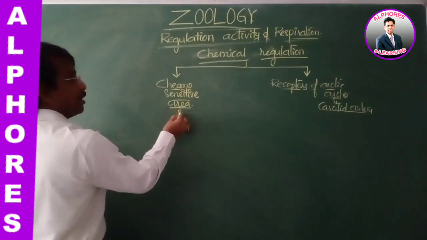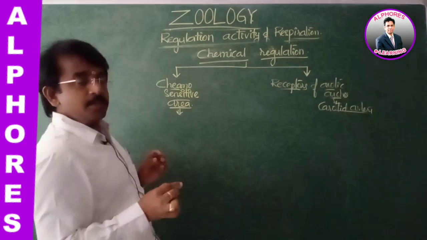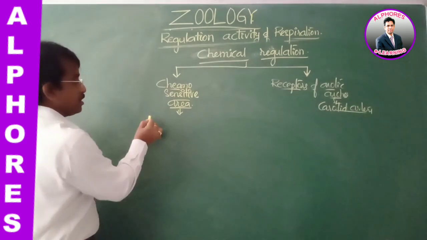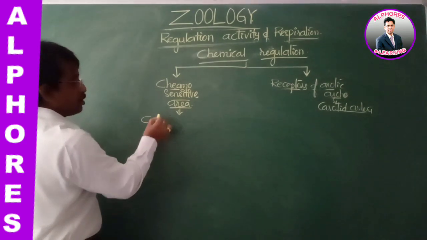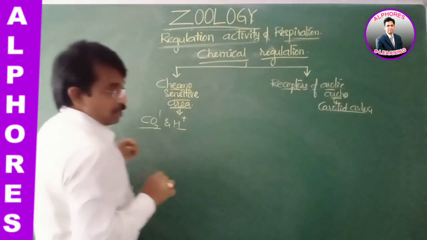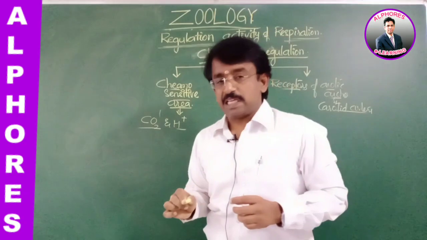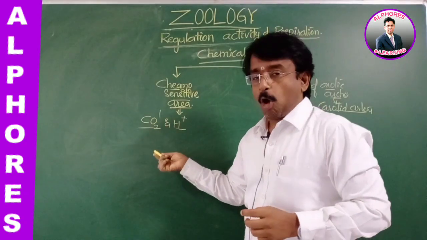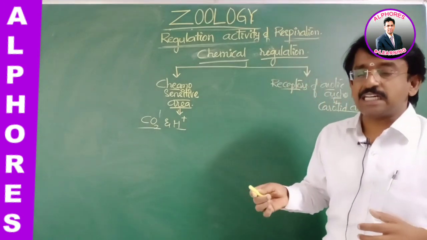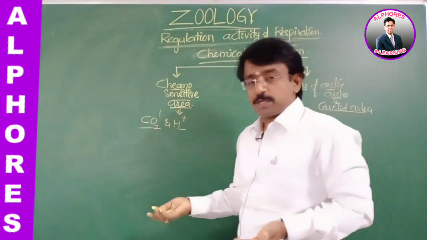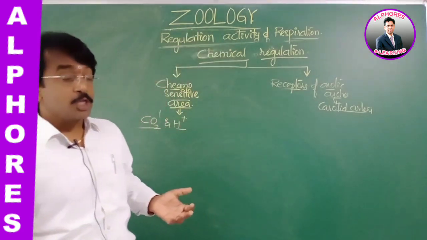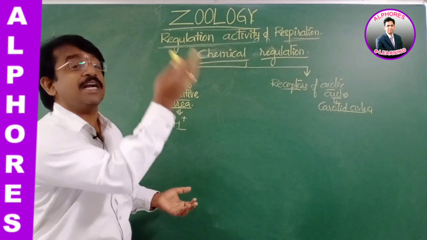The chemosensitive area is near the medulla oblongata and detects the chemicals CO2 as well as H plus. It is capable of detecting when there is more carbon dioxide and H plus ions, which means the carbon dioxide needs to be sent out.